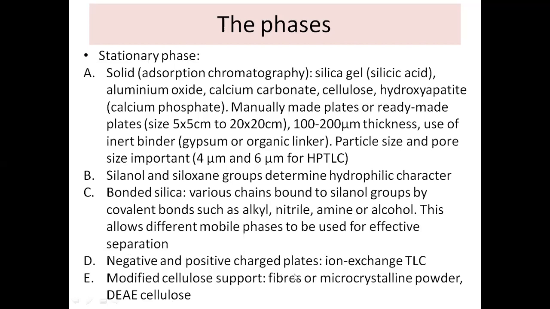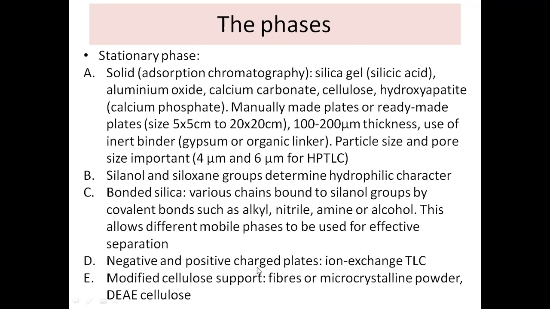Then in some cases, the material which is used for coating, that is the stationary phase, can also have charges. Okay, either we have negatively charged plates or we have positively charged plates, and that also can be used for different types of sample molecules. Suppose you have proteins, and if the proteins are negatively charged or positively charged, then based upon which type of proteins you want to retain on that plate, or how good a separation you want on the plate, depending on that, you can select a particular kind of plate, either negatively charged or positively charged.